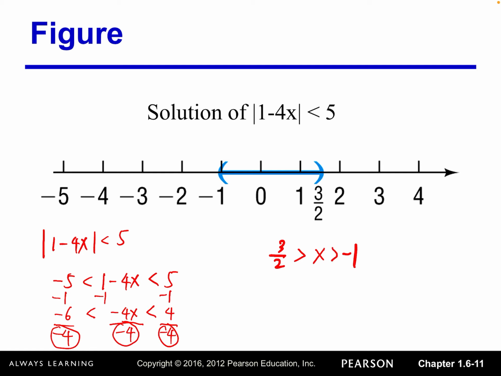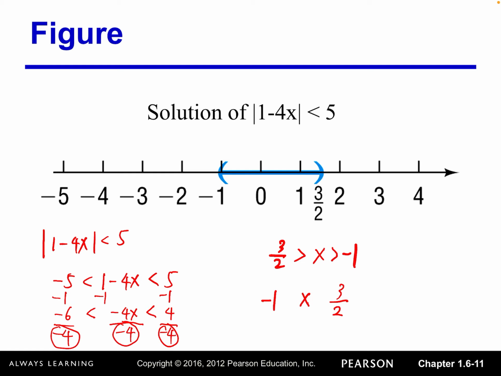And that's not done yet. We need one last step. Why? Because when we write a combined inequality, by convention, the lower boundary should always be located on the left-hand side. That's why -1 is supposed to be written on the left-hand side, x is in the middle, and then 3/2 should be put on the right-hand side.